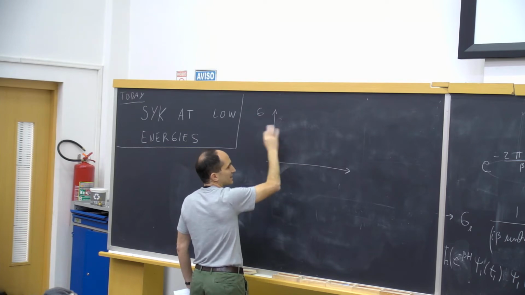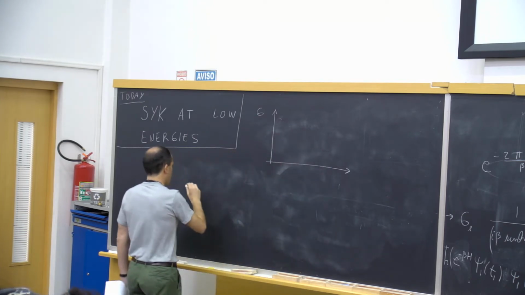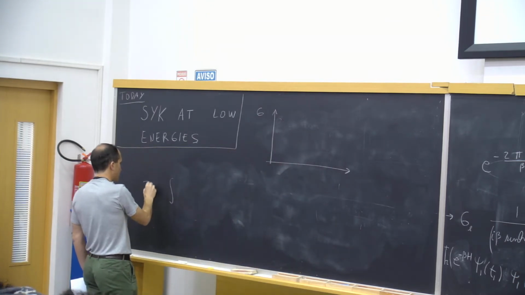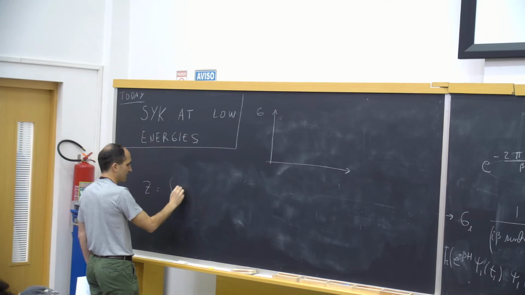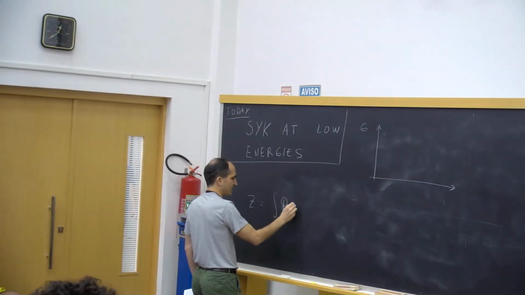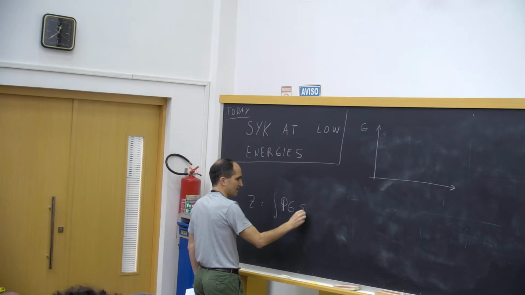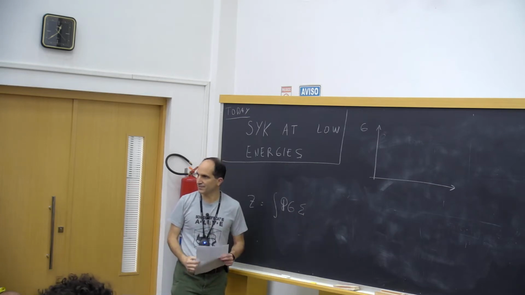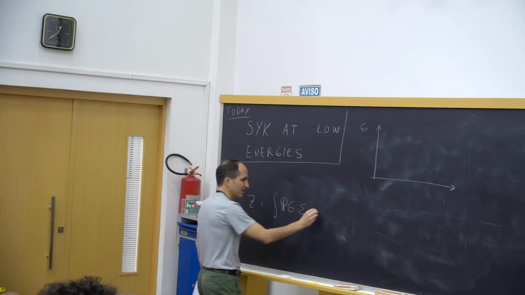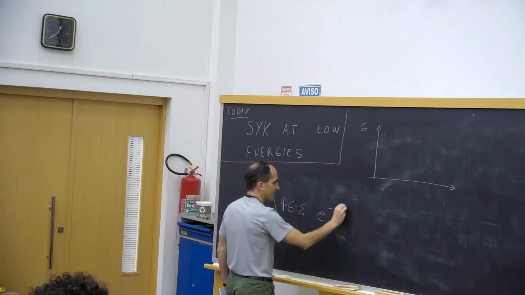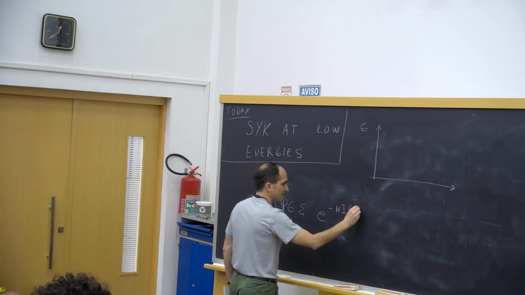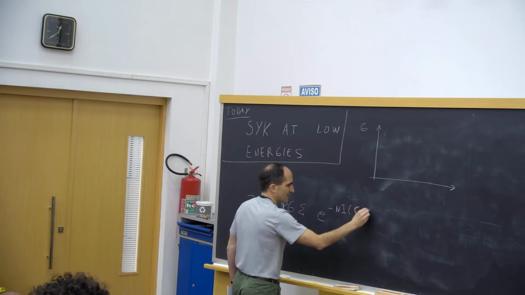So this is a high dimensional, let me be more precise. We're trying to compute a path integral, which involves a path integral over G's and sigmas, right? G's and sigmas are functions of 2 variables. We're supposed to be integrating this e to the minus n times the action of G's and sigmas, okay?